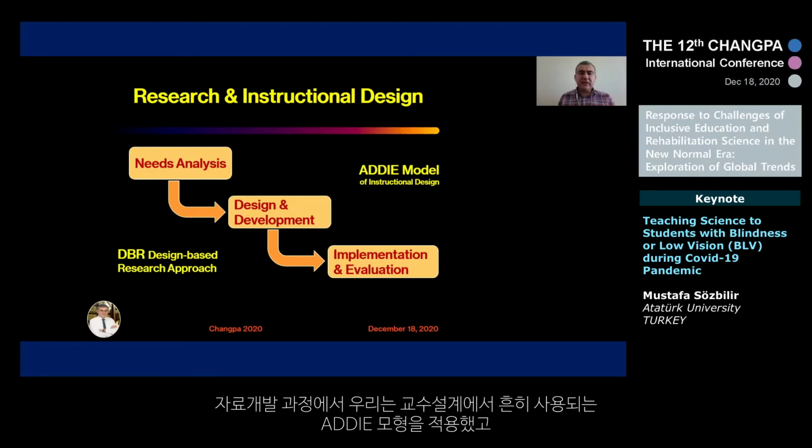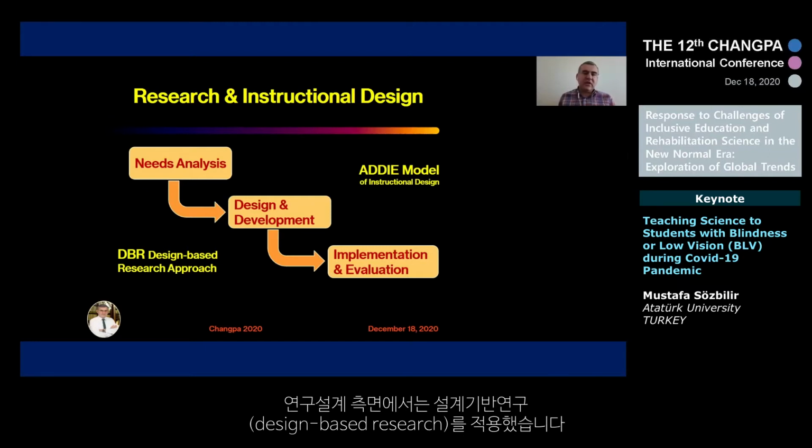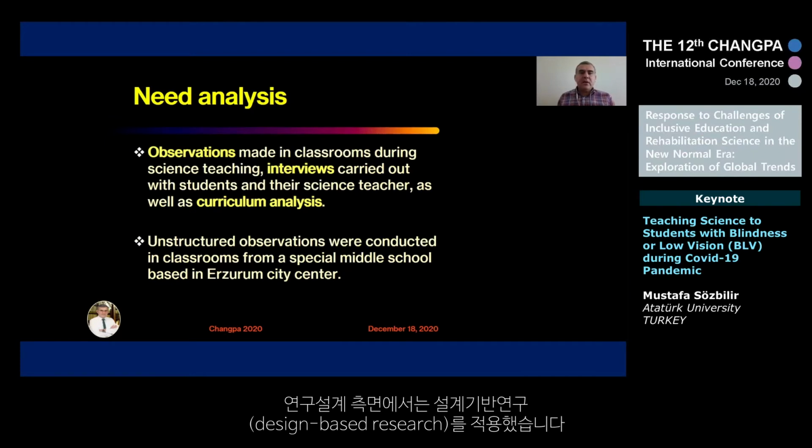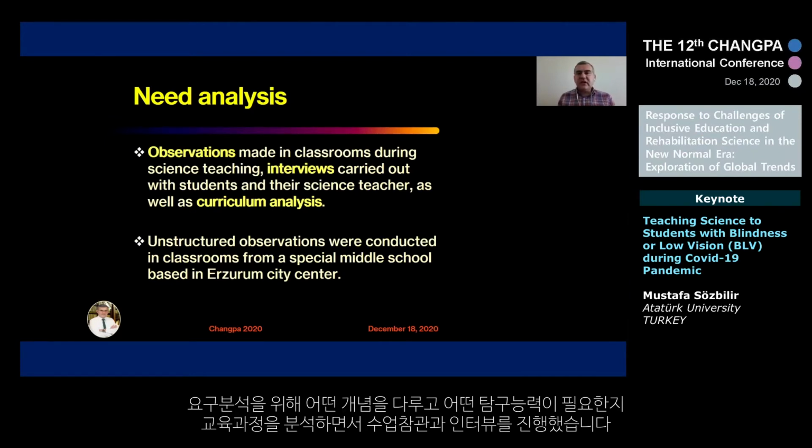In terms of the instructional design, we followed the ADDIE model, which is the most commonly used basic instructional design model. In terms of the research aspect, we employed the design-based research approach. The needs analysis was actually carried out with observation and interviews, as well as curriculum analysis.